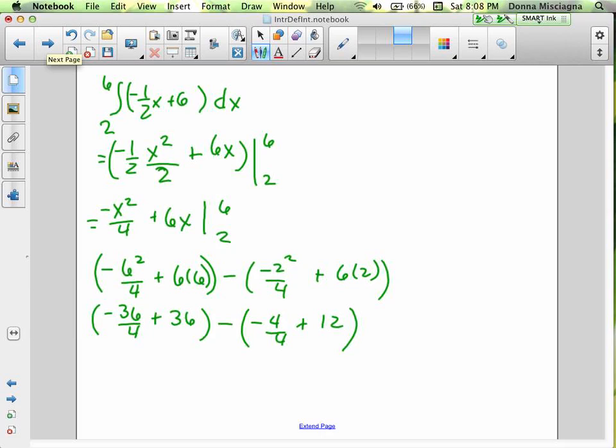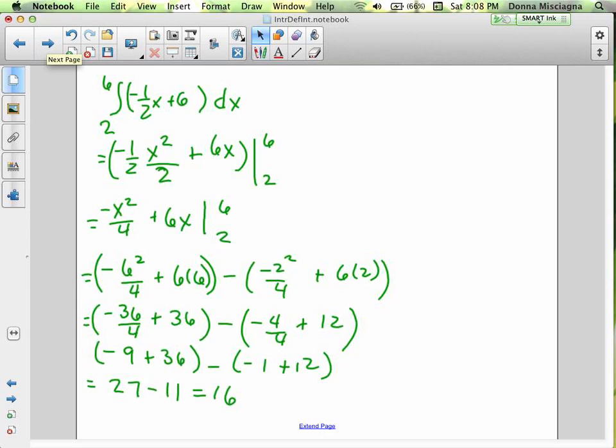So this would be negative 9 plus 36 minus negative 1 plus 12. Negative 9 plus 36 is going to be a positive 27. And then that's going to be minus 12 plus a negative 1, which is 11. And 27 minus 11 is 16.